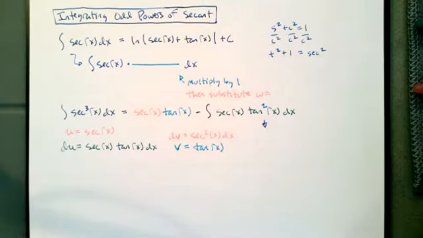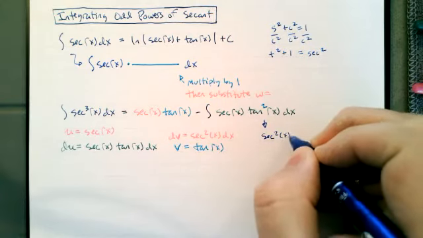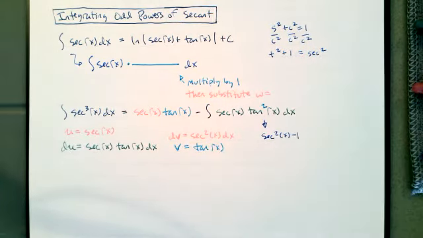So tangent squared is secant squared minus 1. All right. I have no defense. It's just early. All right, so we're going to replace the tangent squared with secant squared minus 1. And let's see what that gives us.